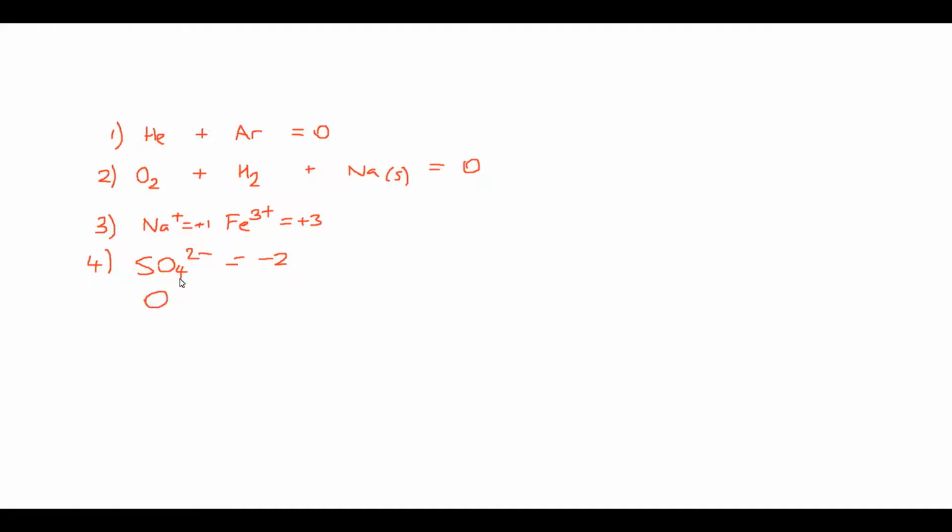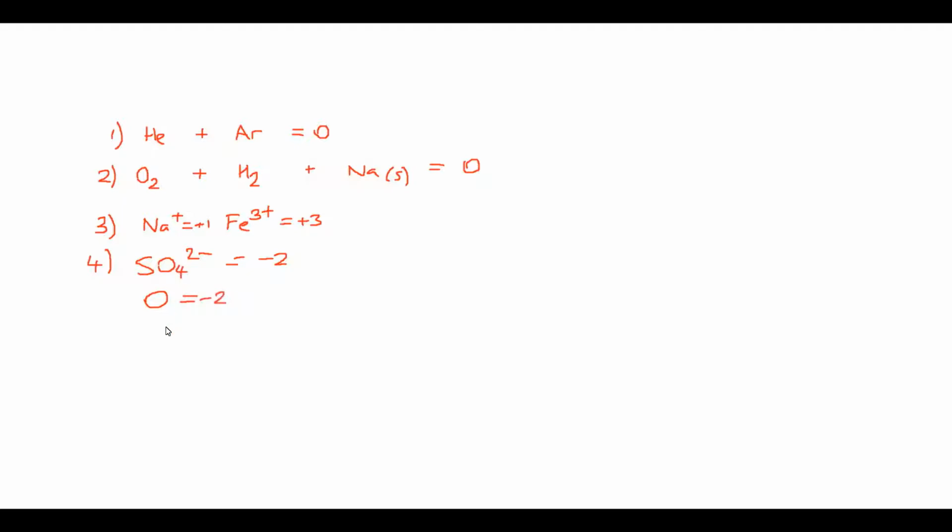Oxygen, being the more electronegative atom, would have a negative oxidation state, and sulfur would have a positive oxidation state. Because oxygen is in group 6, we would have a -2 charge if it was to form an ion. So the oxidation number of the oxygen equals -2.